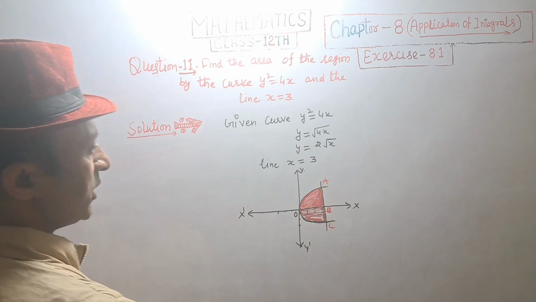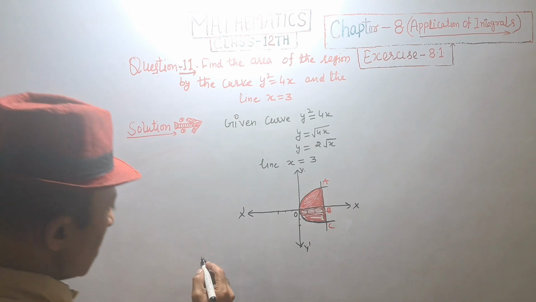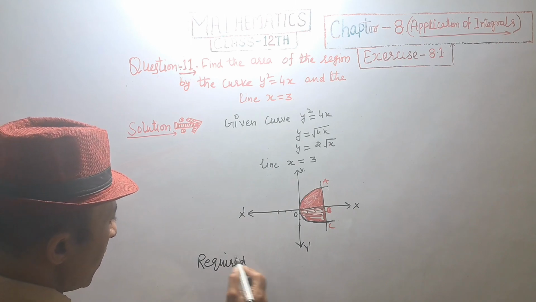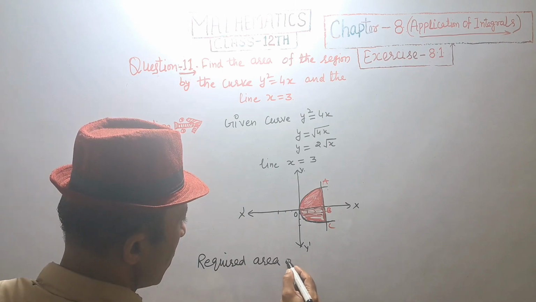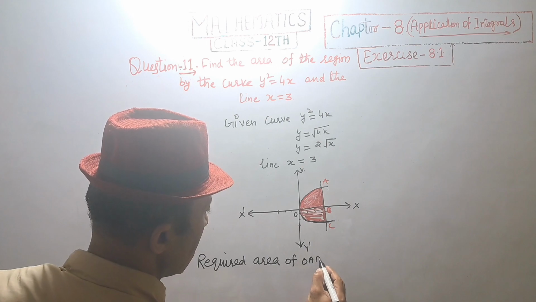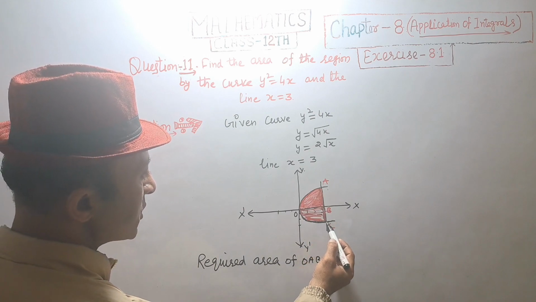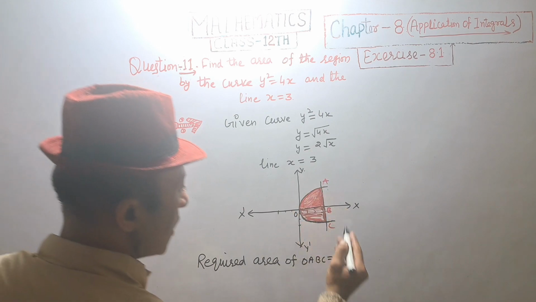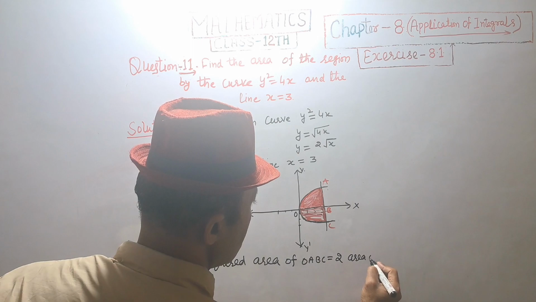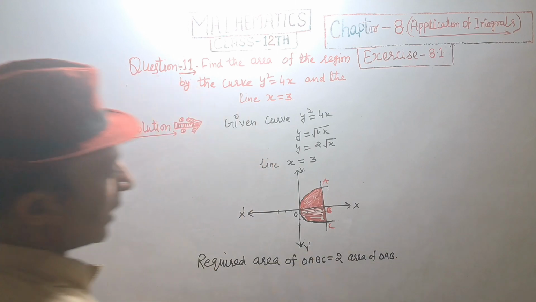O, A, B and C. Required area of OABC is equal to OAB plus OCB, 2 times of area of OAB.